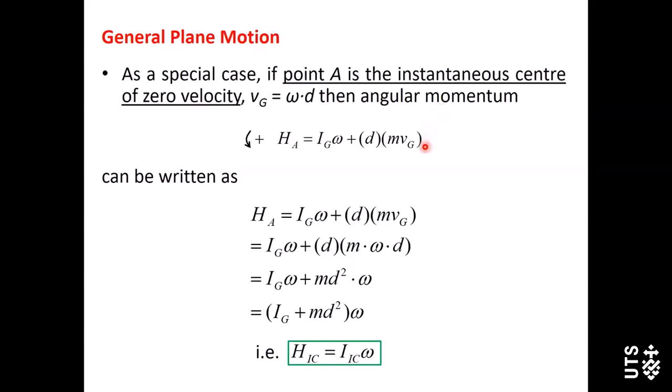Then, similar to what we did in rotation about a fixed axis, we can rearrange this equation using the parallel axis theorem, and finally we get that the angular momentum of a rigid body about its IC point is equal to Iic omega.